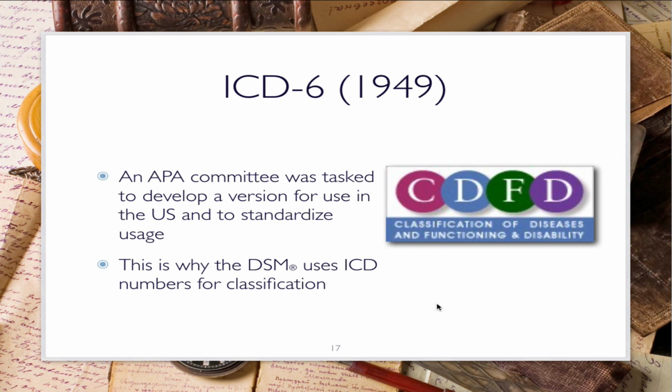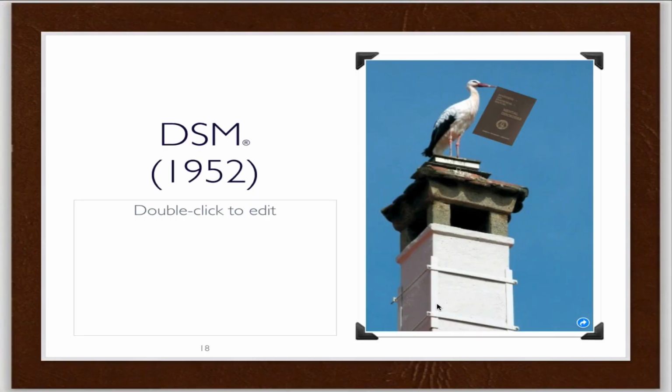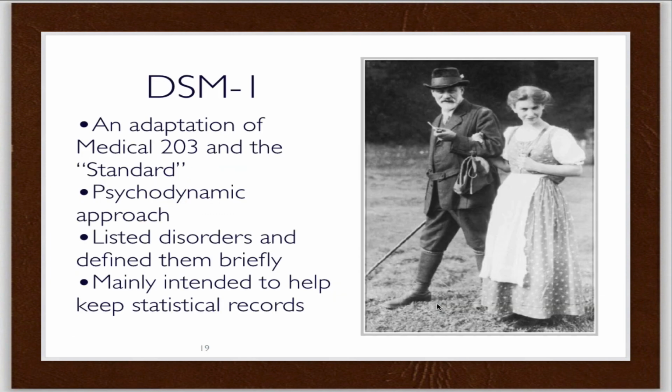So the codes that you see in the DSM are actually ICD codes that are linked to that ICD manual. So DSM came out in 1952, and this is an actual archival photo of the stork bringing the DSM to the United States. And it was a very different manual than we are familiar with today.